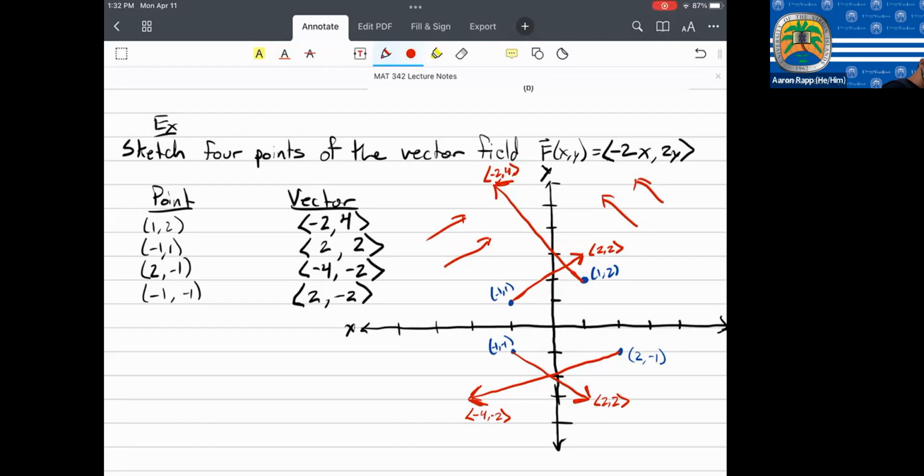And then I can just fill out a rough sketch of what's happening anywhere else. In this case, all these vectors are pushing me towards the y-axis, or pushing me towards the y-axis and away from the x-axis if I'm not already on the x-axis.